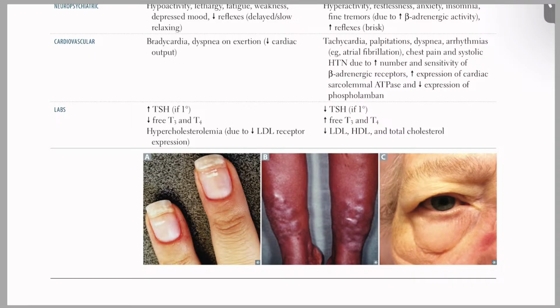Cardiovascular. In hypothyroidism it will be bradycardia, dyspnea on exertion, decreased cardiac output.